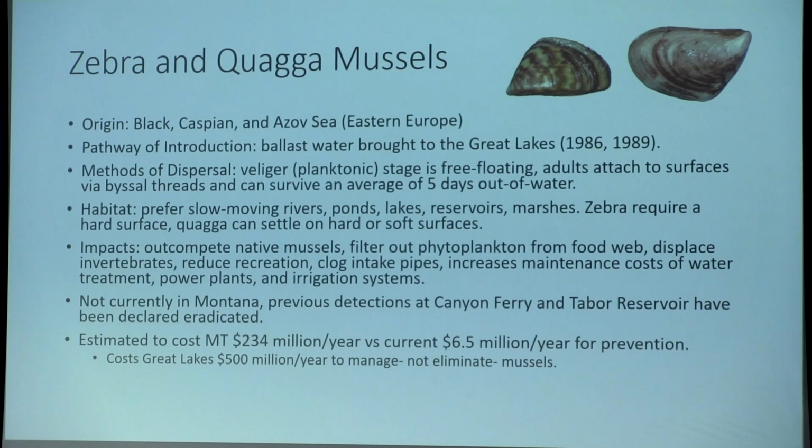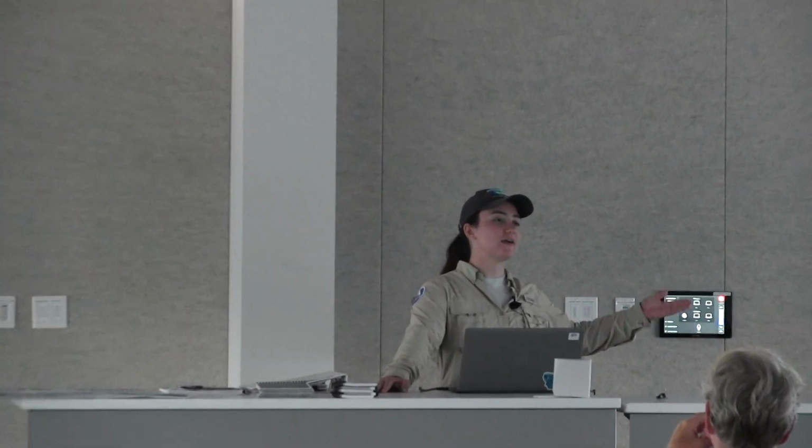They can attach to native invertebrates and basically become so much of a problem for that individual animal that they can no longer feed themselves or move around. And then they filter all that phytoplankton from the food web, and then they cause massive issues for all of our pipes and our power plants and everything else that requires moving water or just clean pipes.